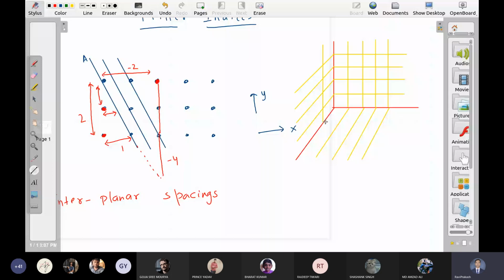So we have a lattice point here. We have one here. All these points are lattice points. Not only this, we have a lattice point here also.